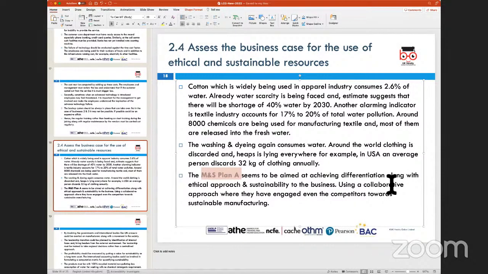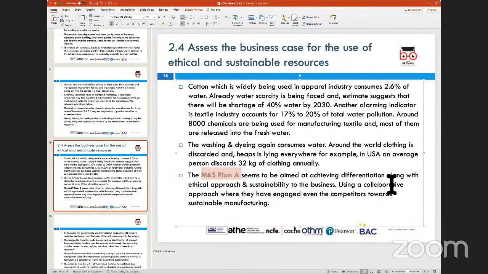Now here, Marks and Spencer is known as a clothes retailer, so obviously it is known as a brand globally because it produces exceptionally good quality clothes, and there is a lot of waste which gets produced when clothes are being produced within Marks and Spencer.